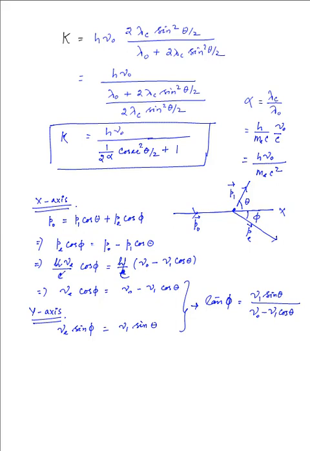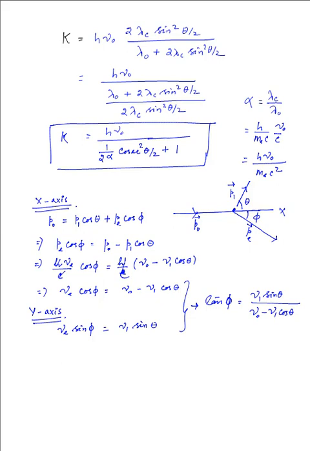We can have a much more efficient expression for our better understanding. So let's get into that. For that we will have to refer to the case of the difference in wavelengths.